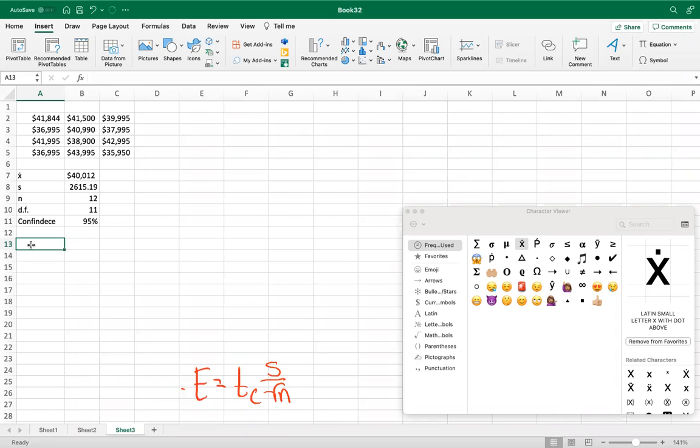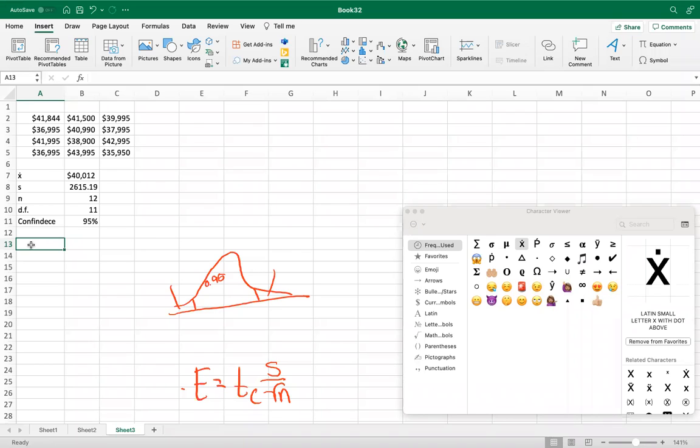To get our critical value, let's go ahead and draw a picture illustrating what we're going to do. With 95% confidence, we want 95% of the data to fall here. So that would be 0.95, which means this left side and this right side could take on that extra 5%.